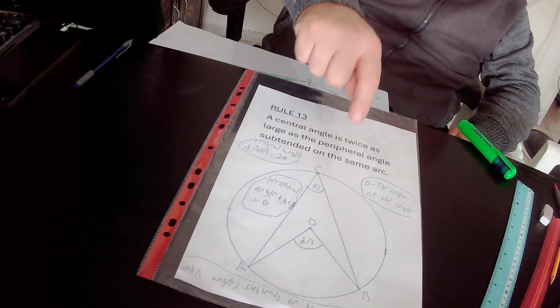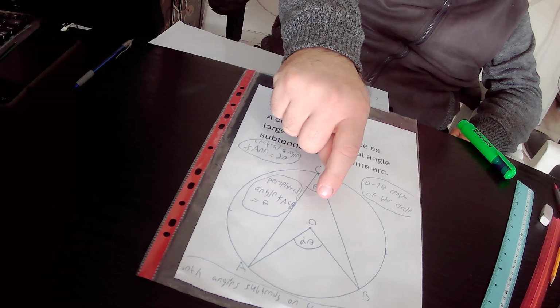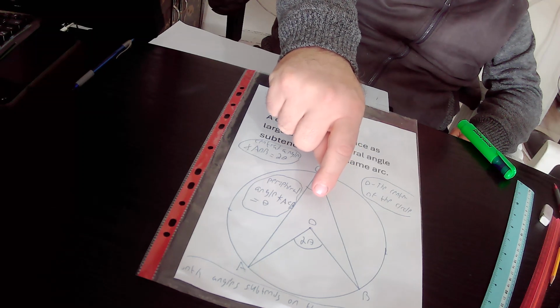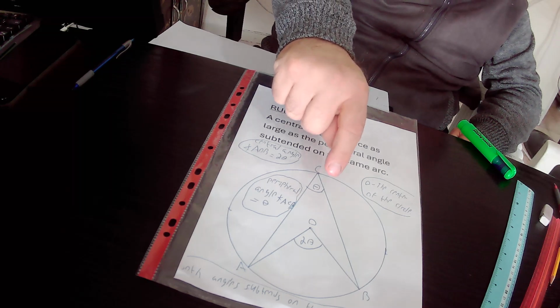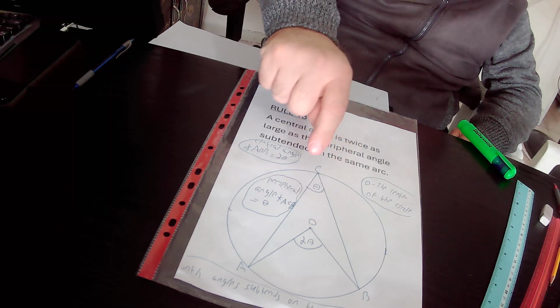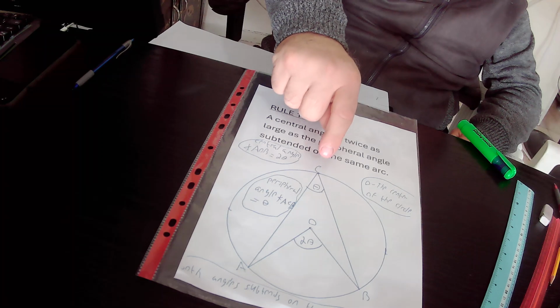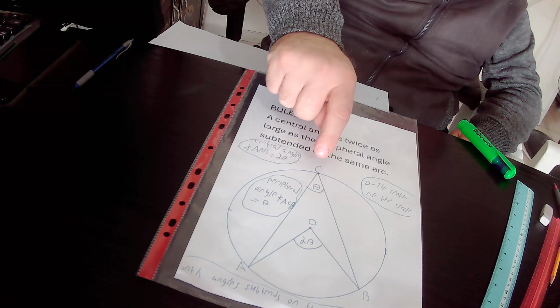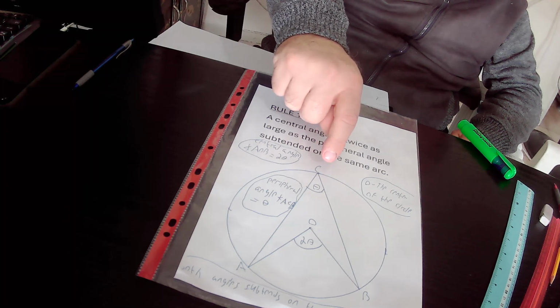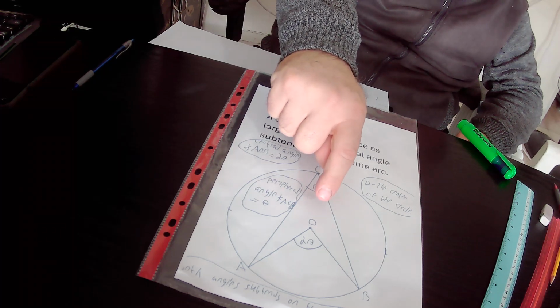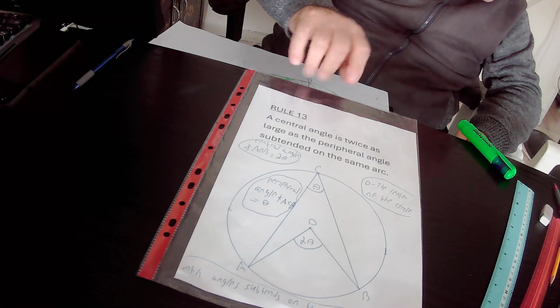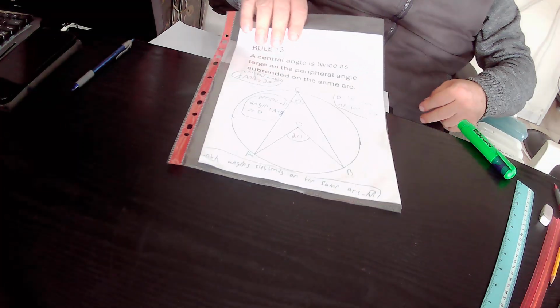Therefore, the size of this central angle AOB will be twice as large as the peripheral angle ACB. And because the size of the peripheral angle ACB is theta, the size of the central angle AOB will be equal to 2 theta. We actually implemented rule 13 in our drawing.